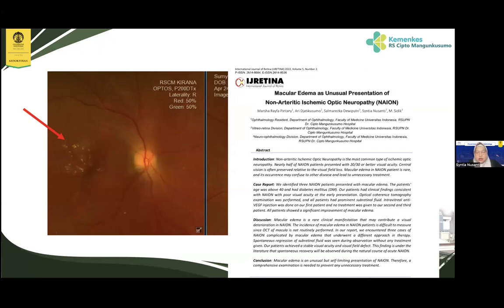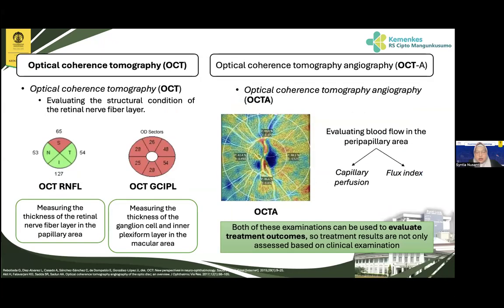There is macular edema in some of our patients with non-arteritic ischemic optic neuropathy, usually the ones with diabetes mellitus. Some of these examinations can be used not only to differentiate the edema of the optic nerve from the ischemic optic neuropathy, but also for the follow-up of the patients.